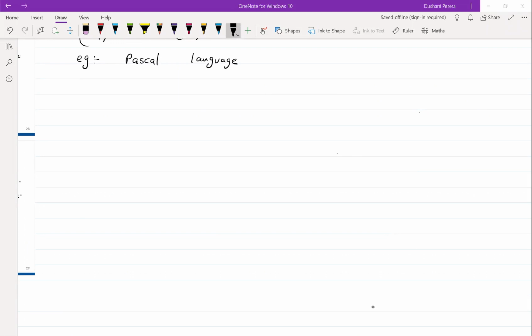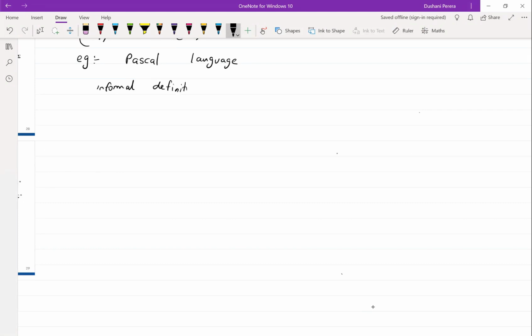Now this language is a set of strings with letters. Let's first give an informal definition.